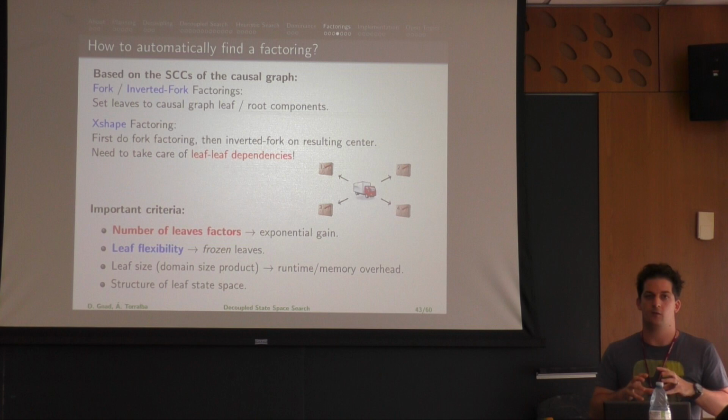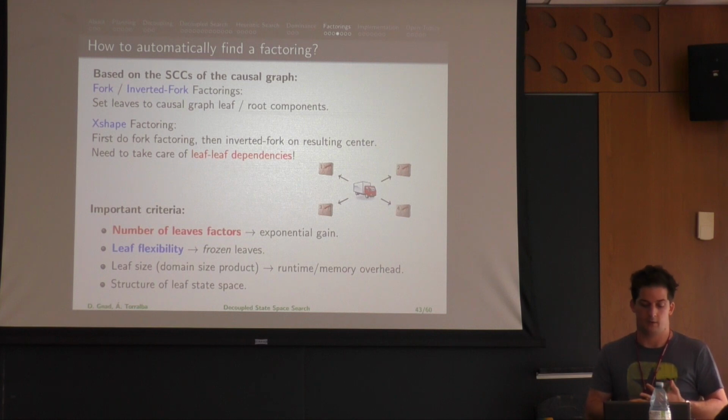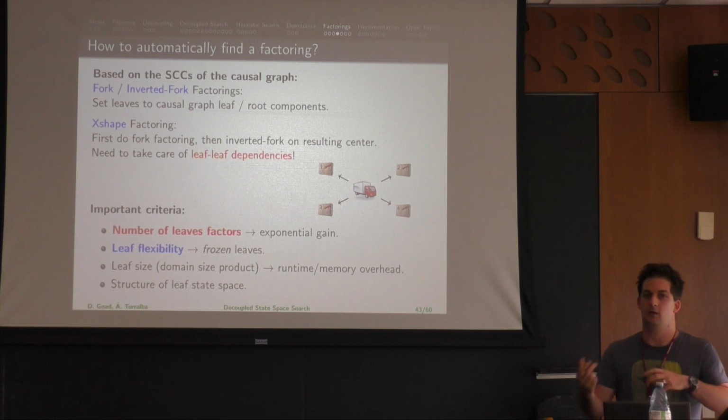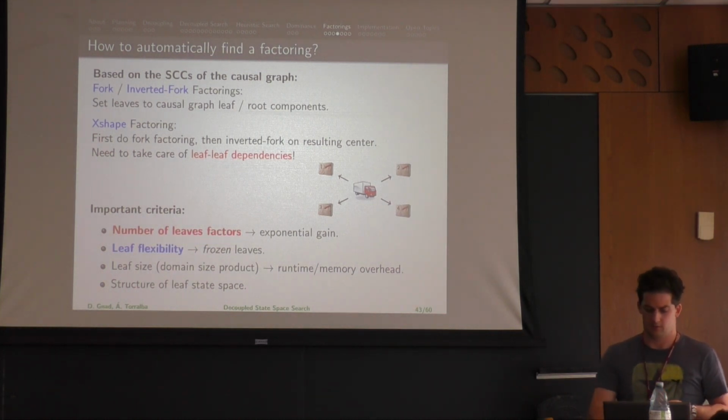But if you have components of variables in a leaf, that can get really a big overhead. Another thing is the structure of the leaf state space. So think of a leaf state space that is strongly connected, like the one for the packages. You can reach every possible position from every other position. There are special cases like that might be exploited. We don't do that so far, but I guess you could be able to do something about this.